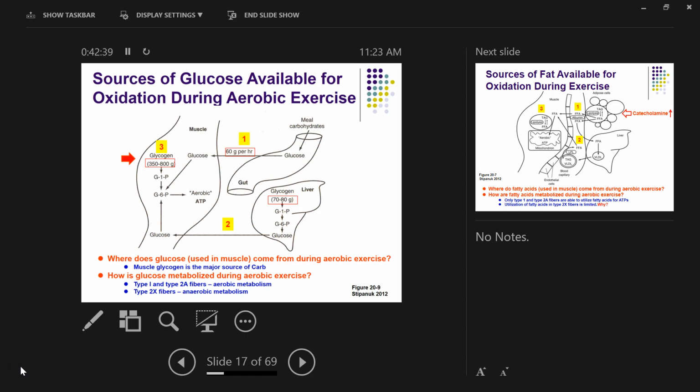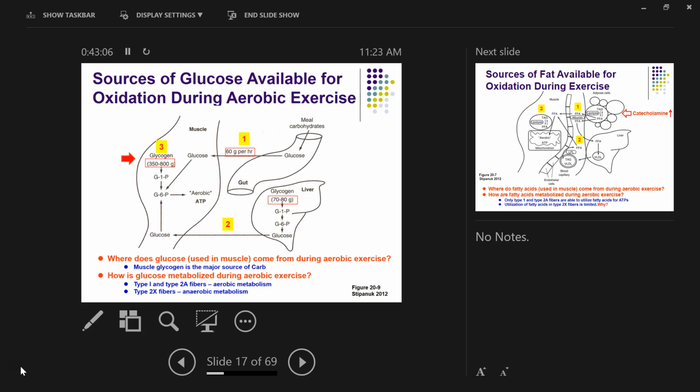From diet, you only get 60 grams, and the liver, 70 to 80 grams. So by amount, muscle glycogen is the most important contributor to glucose utilization in muscle during exercise.